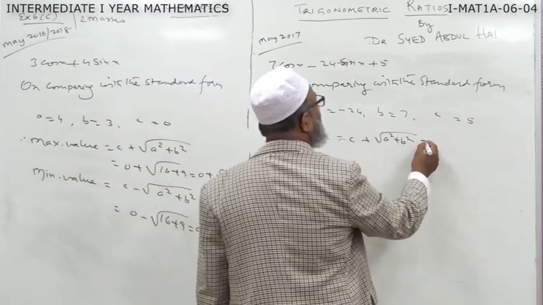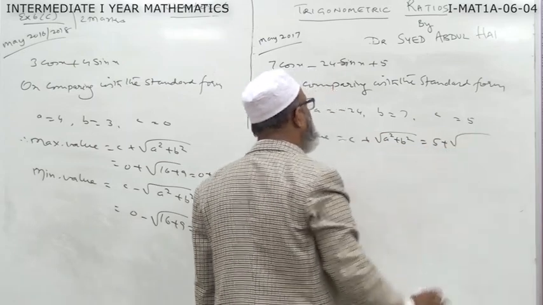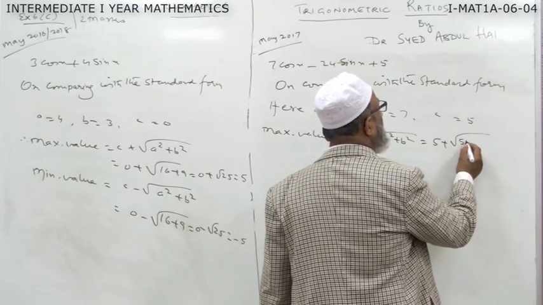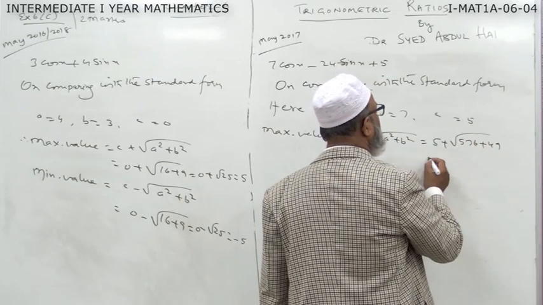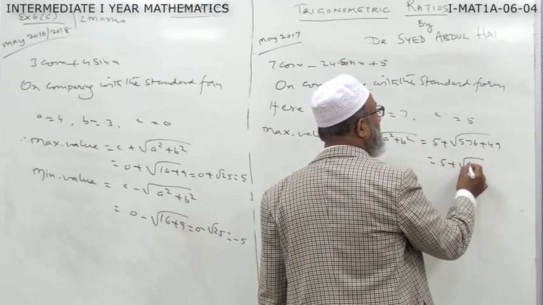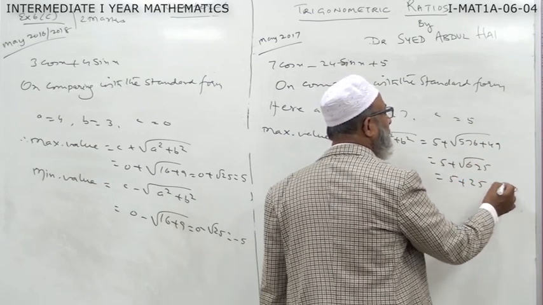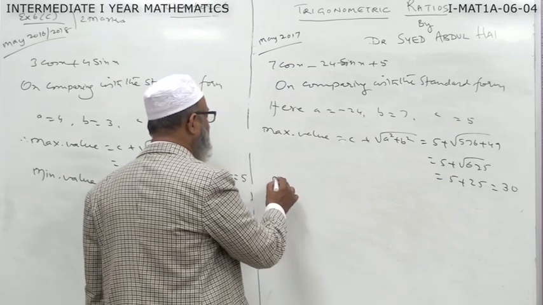What is C? 5. Plus root of A square plus B square. 24 square is 576. 7 square is 49. 5 plus root of 625. Root of 625 is 25. 5 plus 25 is equal to 30.